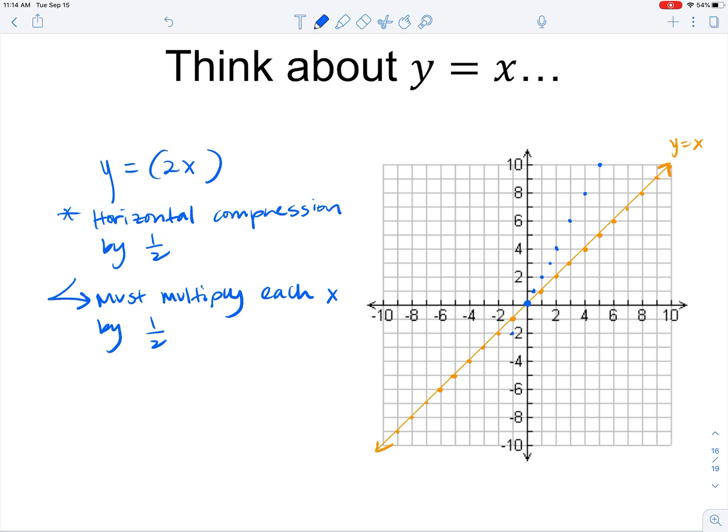Then (-1, -1) would end up at (-1/2, -1). (-2, -2) would end up at (-1, -2). And then we can just extend the line.